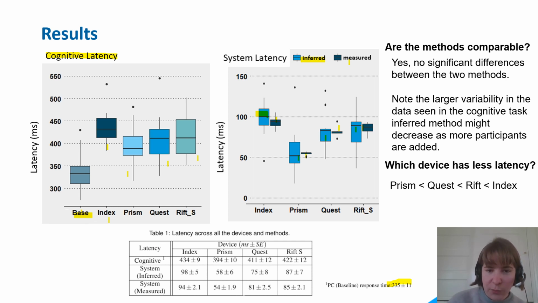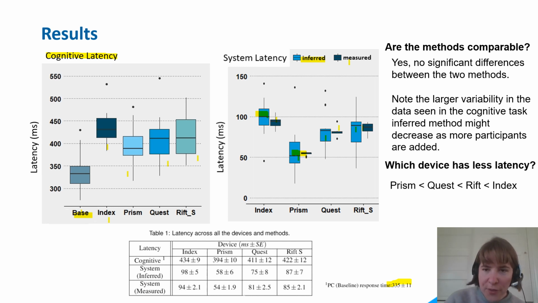In the Index, we retrieved the images from inside Unity and then re-rendered them in Unity, which of course takes longer. That same technique was used with the Prism, but the Prism is a device that was designed to do that. You can get more details on Project Prism on the Microsoft Research website.